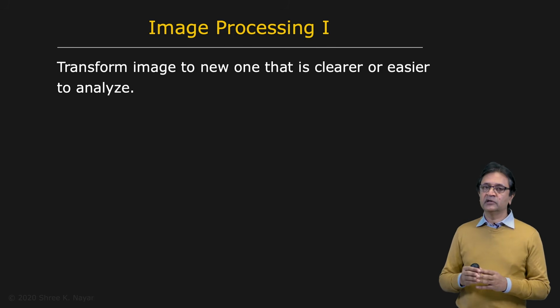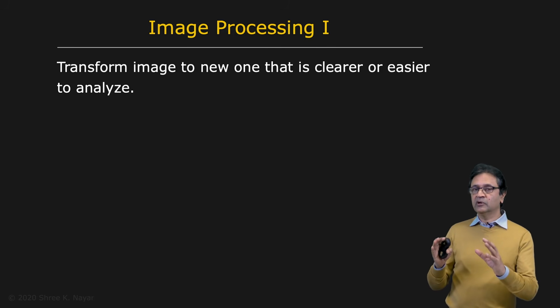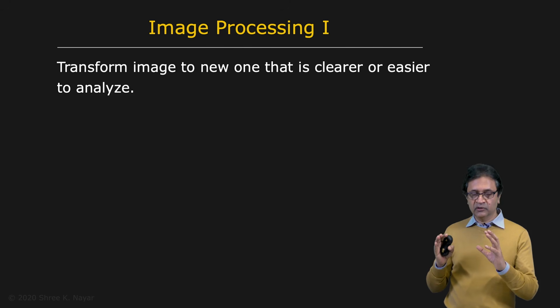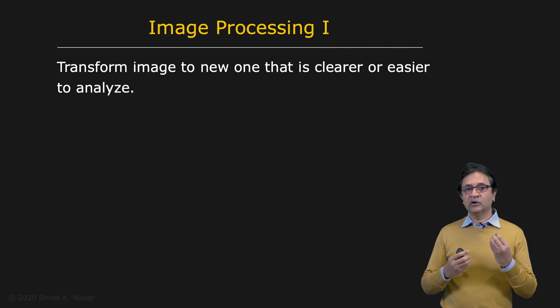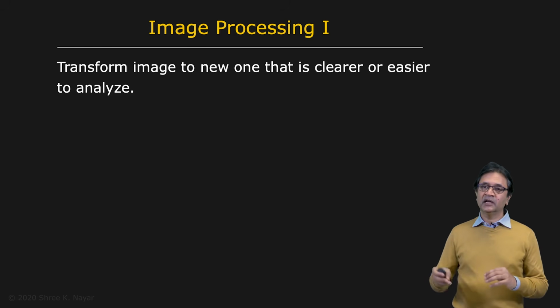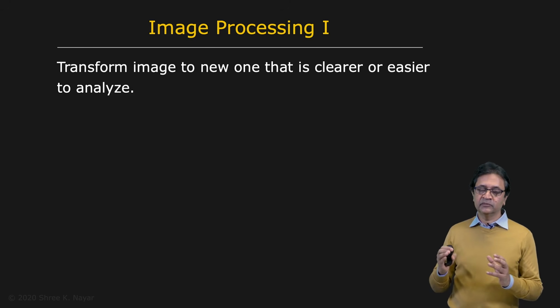Or in a different scenario, you may be taking an image of an object, but for some reason while you're capturing the image, the object happens to be out of focus. It is defocus blurred. We want to be able to remove the blur from the image so that the object is nice and crisp. So that's the business of creating an enhanced image or a clearer image.